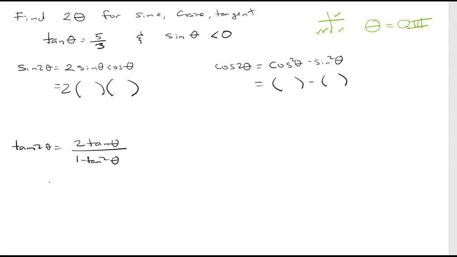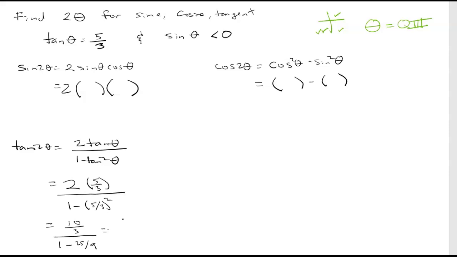So tangent first is going to be 2 times 5/3 all over 1 minus 5/3 squared. So what does this give us? This gives us 10/3 and then 1 minus 25/9.